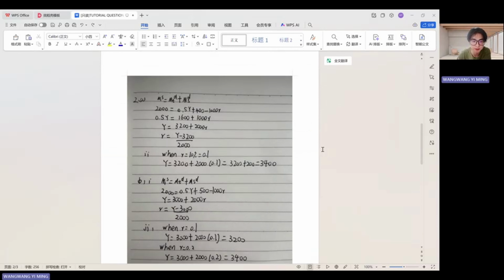We can calculate Y equal to 3200 plus 2000R, and R equal to Y minus 3200 divided by 2000. When R equal to 0.1, we can calculate Y equal to 3200 plus 2000 times 0.1, which is 3,400.